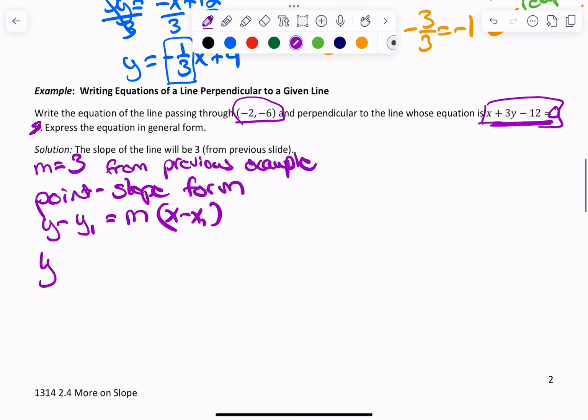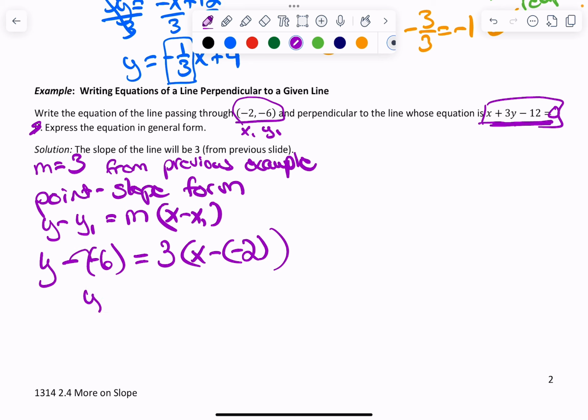Our x1 and y1 are these right here. So y minus -6 equals, our slope is 3, times (x minus -2). The negatives become a positive. These negatives become a positive as well.